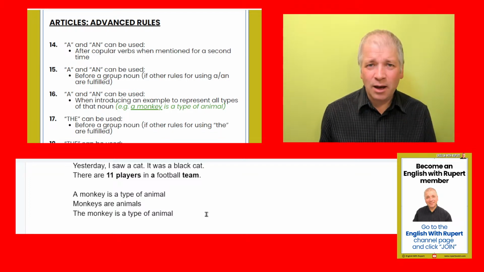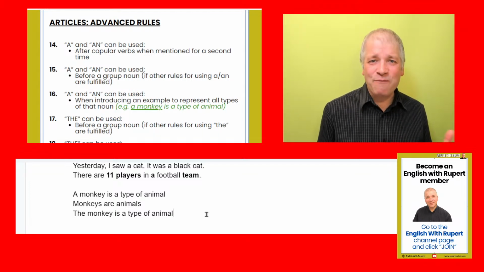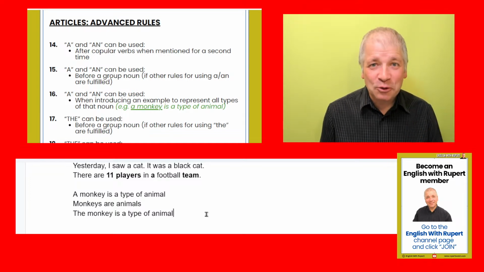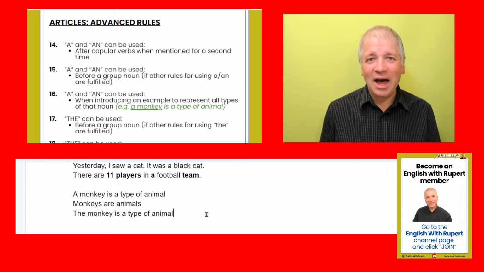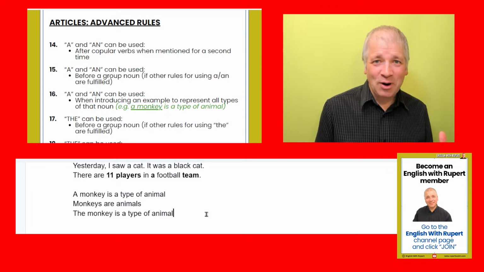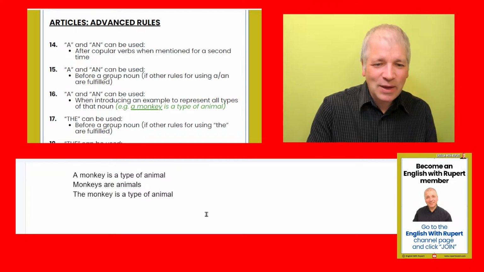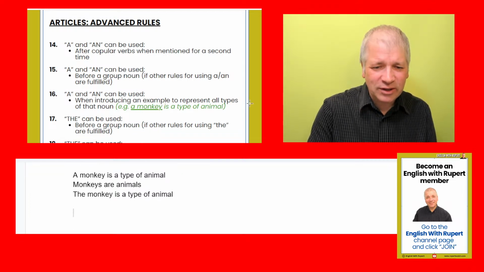One of them has a, one of them has the, and one of them has no article. You'll find examples of this in English everywhere. So this is one situation where it's not so crucial to choose between a, the, and no article. Either way, you're probably going to write something that's acceptable. So that's 16. On to 17.